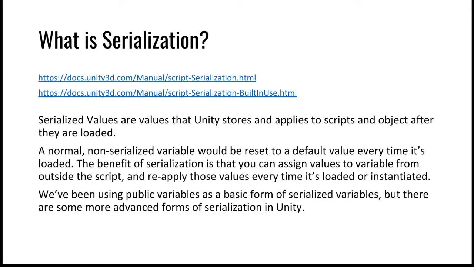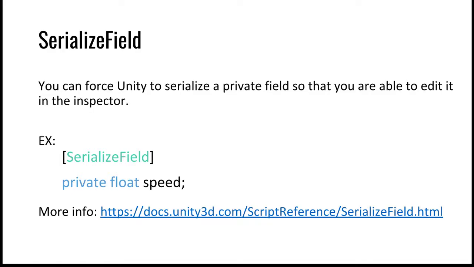Okay, so the first thing we want to do with serialization is we can have a tag, I don't really know what to call it, that we can set for variables that are private, but we want to be serialized. So that's just called SerializeField, and you surround it in square brackets.